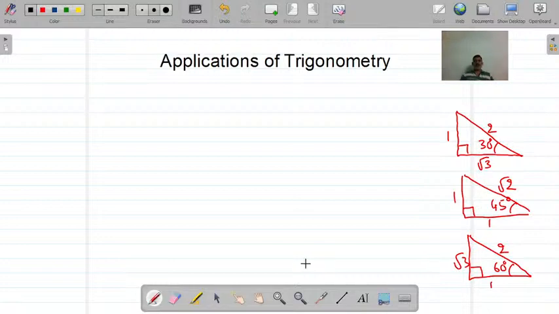Right, now the question is, how do we solve the problems related to this? For this, basically you have to understand certain points. Always we start with the ground, and for representing the ground we draw a horizontal line.